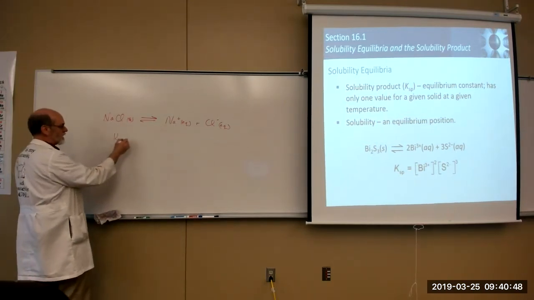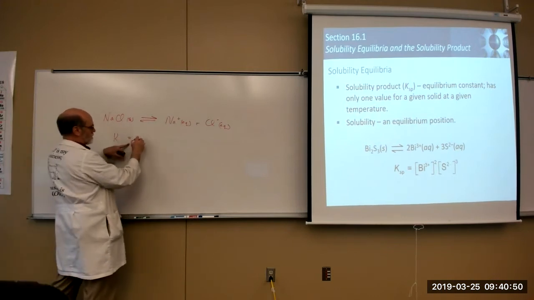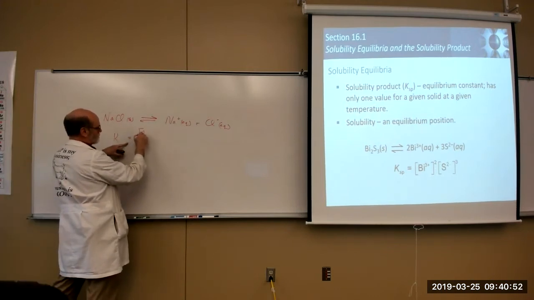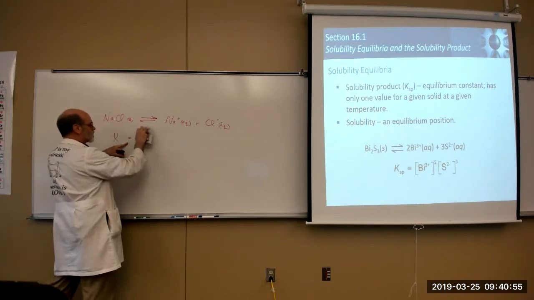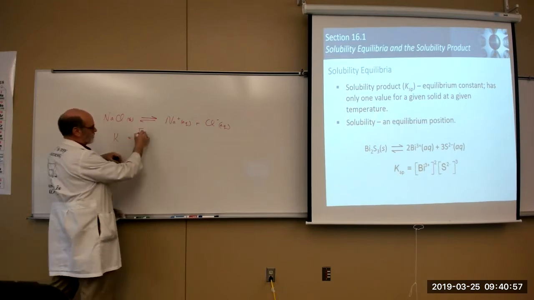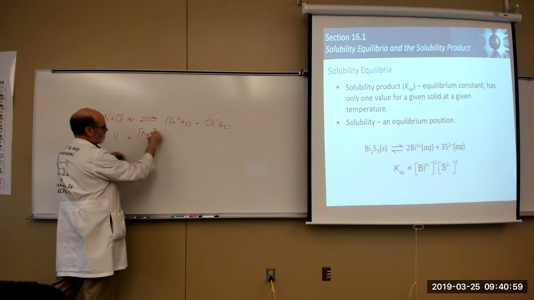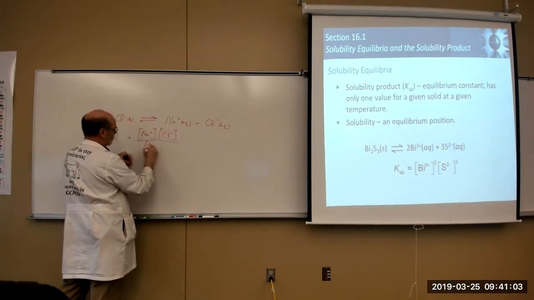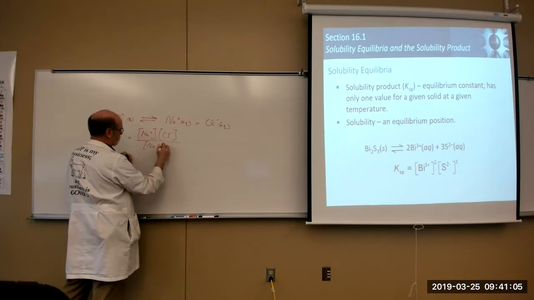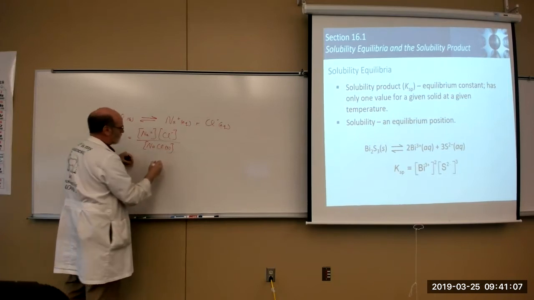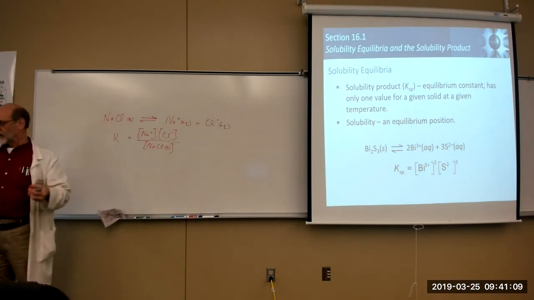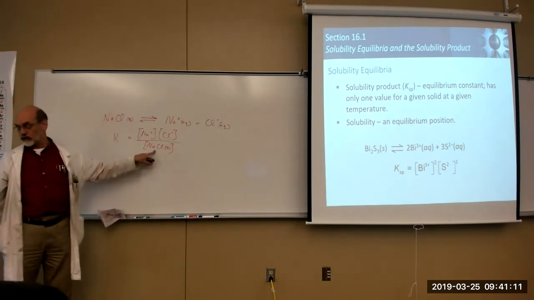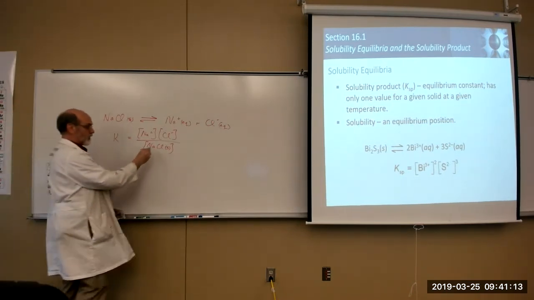So it would be a K, and for argument's sake, let's just write the whole thing out. Of course, we know by convention that that term goes away, because it's a solid.